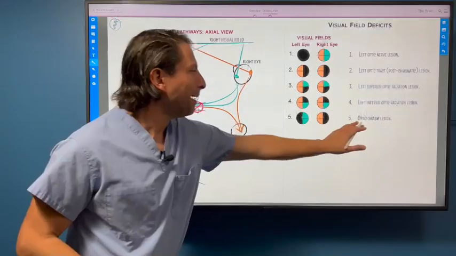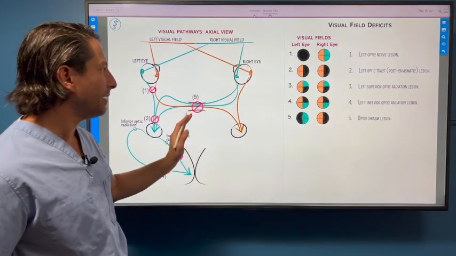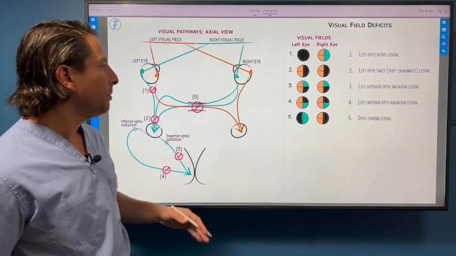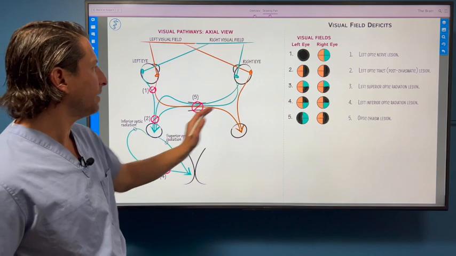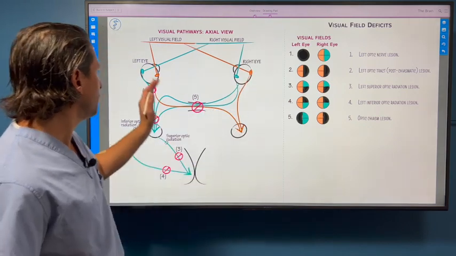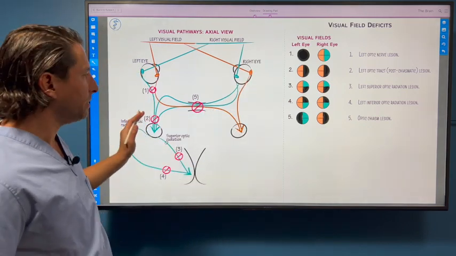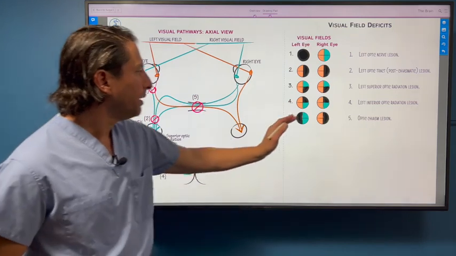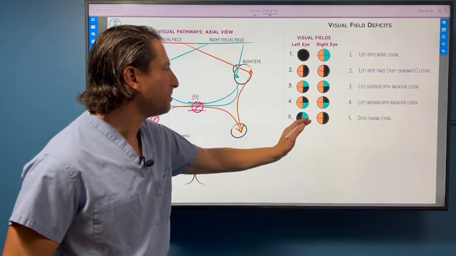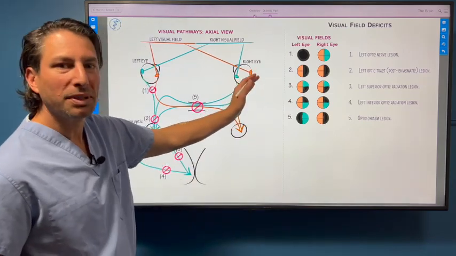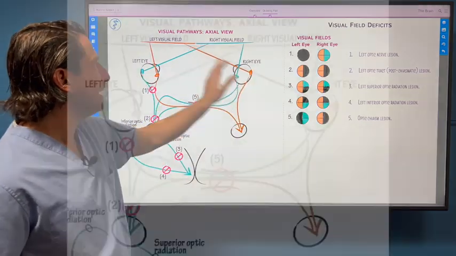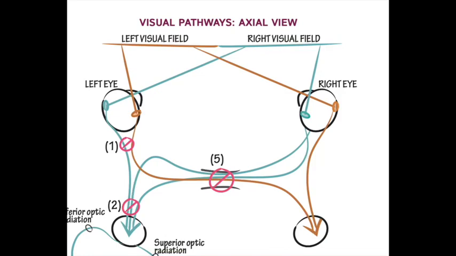When it comes to an optic chiasm lesion, it starts getting a little bit trickier, but basically what you can think of is the nasal fibers are the ones that are affected. So only the temporal projections are going to be preserved. So the only thing that's going to be preserved is inner vision, because remember, the temporal portion of the retina encodes the inner portion of vision.